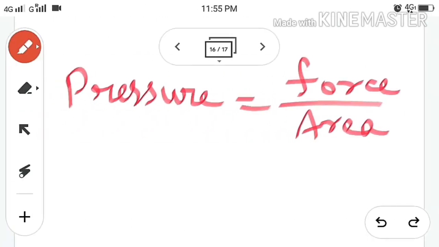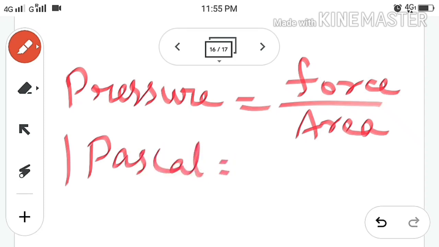Children, today you have learned that Pascal is the SI unit of pressure. Now, can you define what is 1 Pascal? 1 Pascal is the numerical value of the quantity pressure. Now, can you guess what could be the least possible value for force?